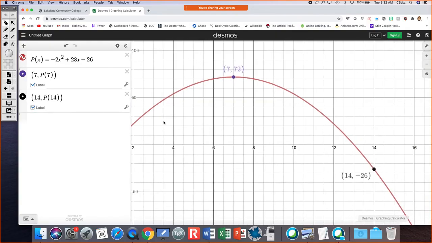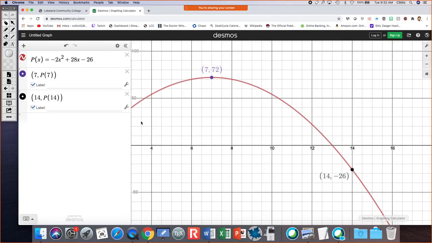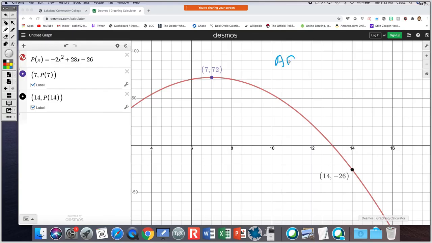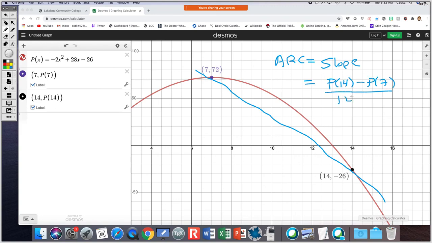Remember what the average rate of change was. The average rate of change is the slope that connects these two points. So even though this isn't a linear function, I have these 2 points. I can still find the slope. So that would be P of 14 minus P of 7 over 14 minus 7.